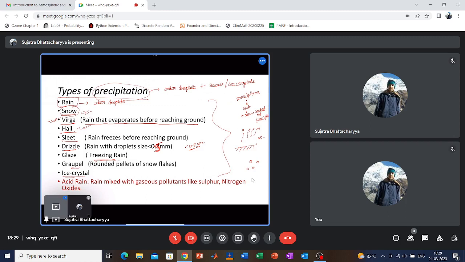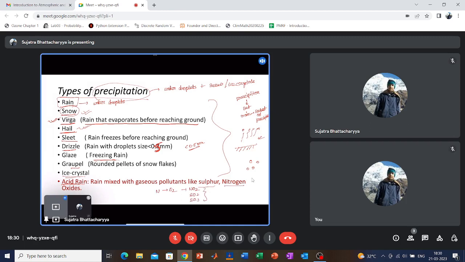Another important thing is acid rain. What happens is that when you have gaseous pollutants in your atmosphere, industries and many factories are present, they emit sulfur or nitrogen, which reacts with oxygen to give NO2, or nitrogen dioxide, sulfur dioxide, sulfur trioxide.